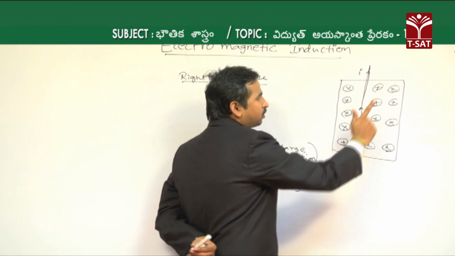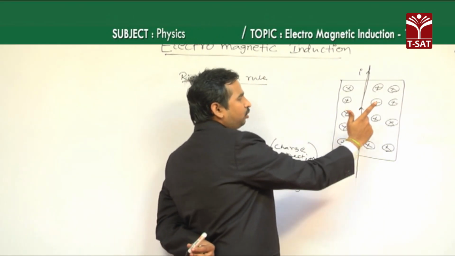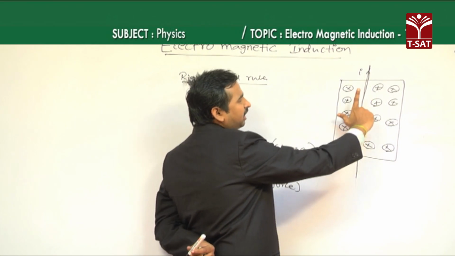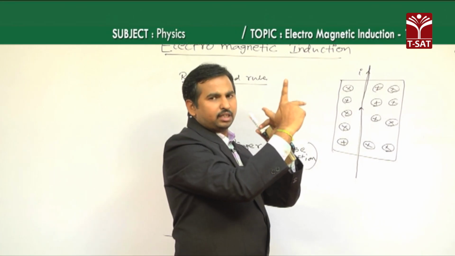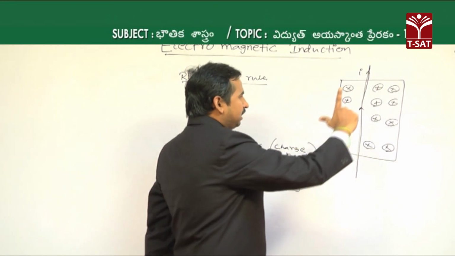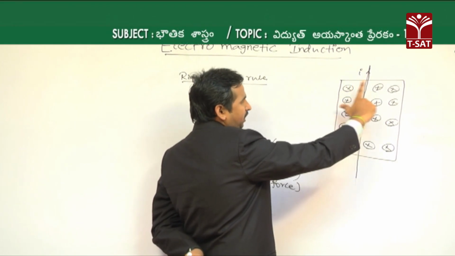Then, as I said, the cross represents into the plane, which means we have to take the field into the plane, and the current is going upwards. So with this magnetic field direction, the thumb represents the force, and in this case the force is acting to my left side, in this direction.